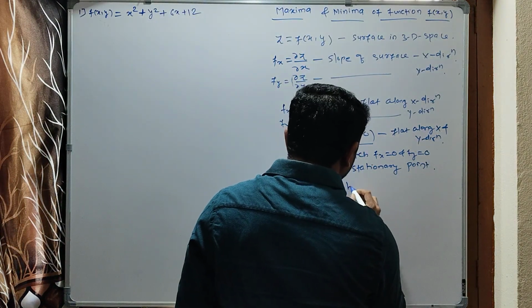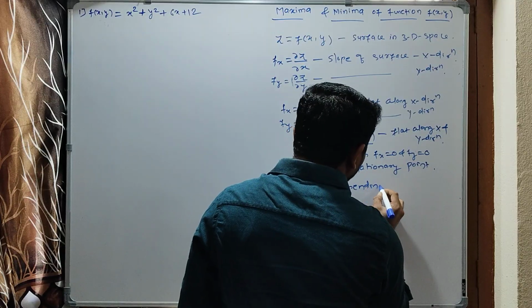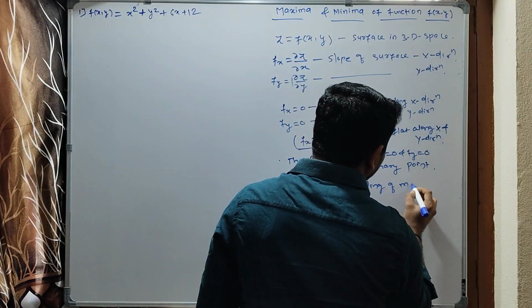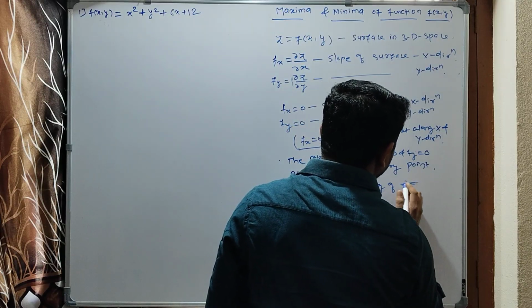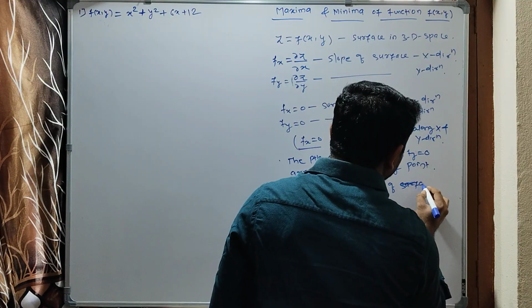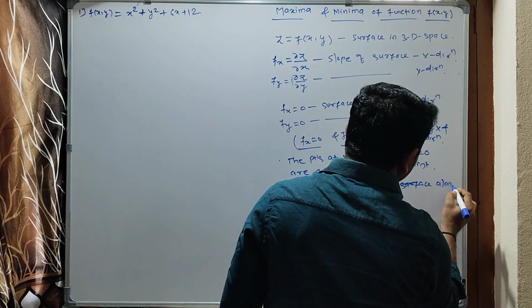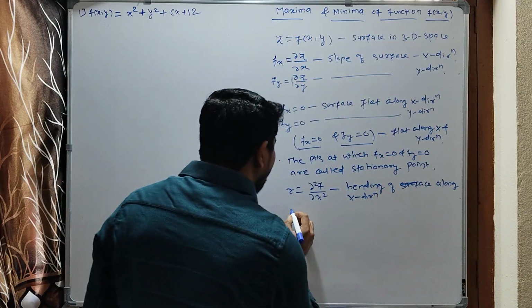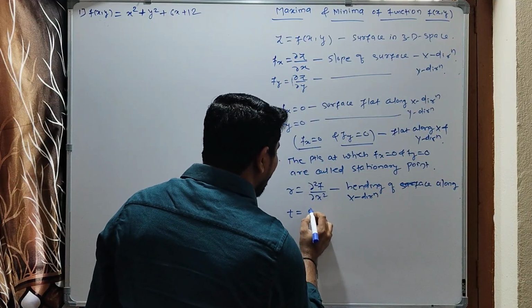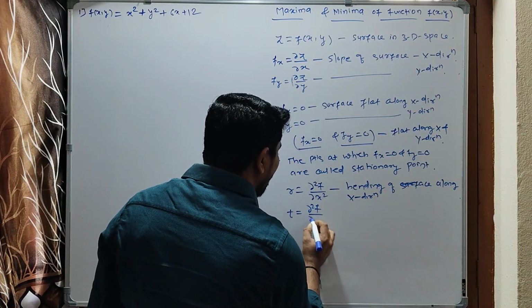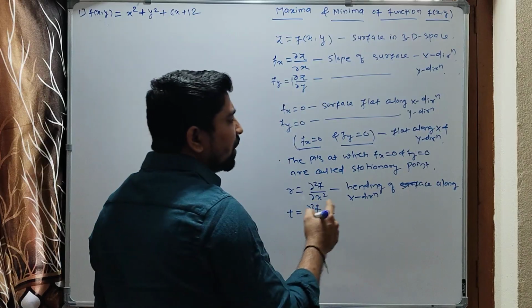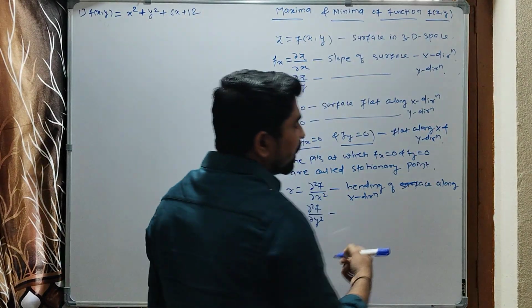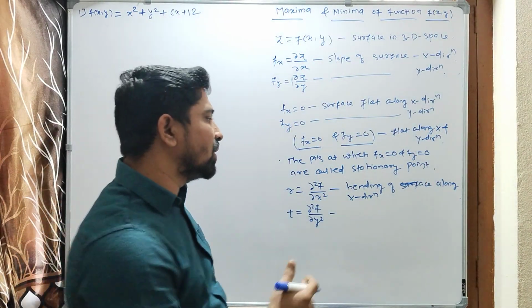So here we can say bending of surface along x direction, and in the same way here I am defining t equal to dou 2f by dou y square. This represents bending of my surface, a curvature of my surface along the y direction.